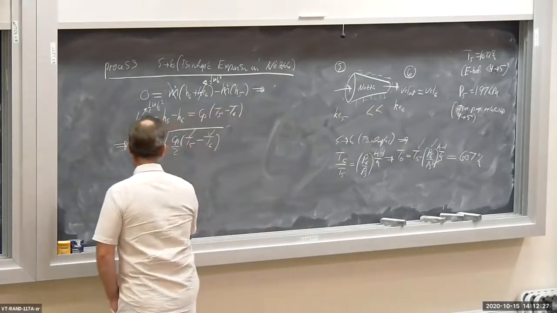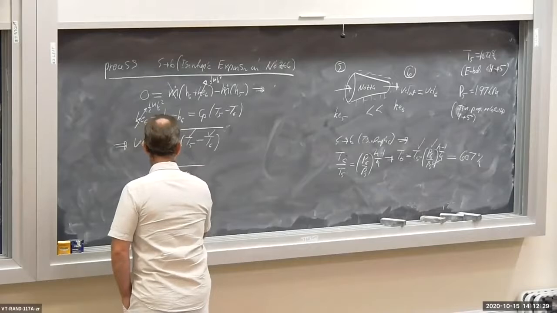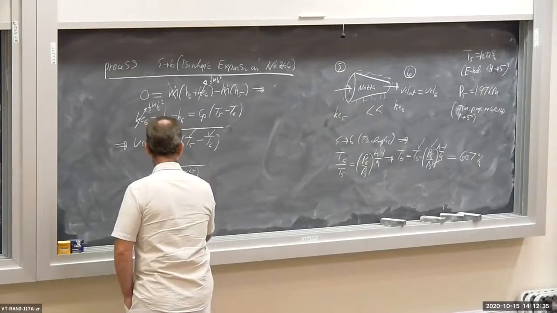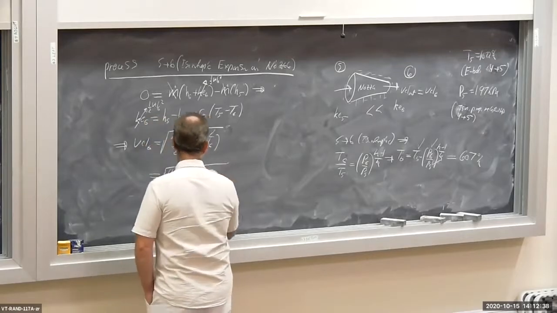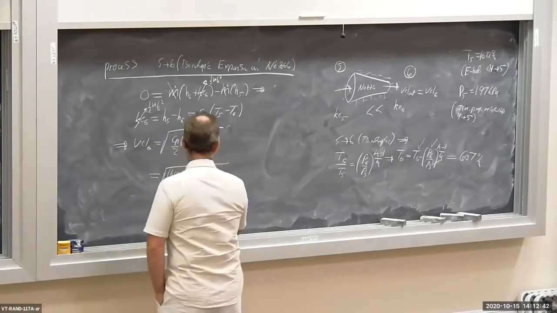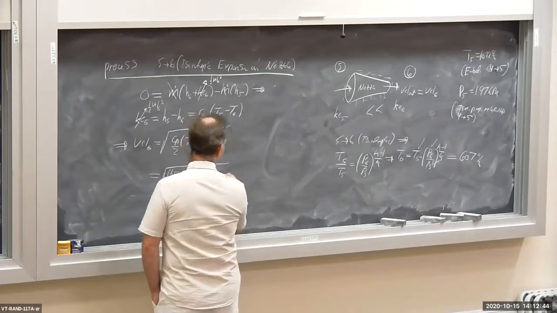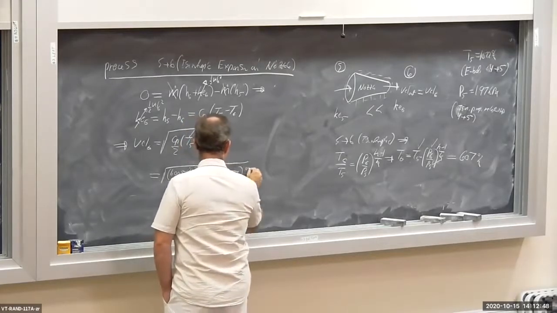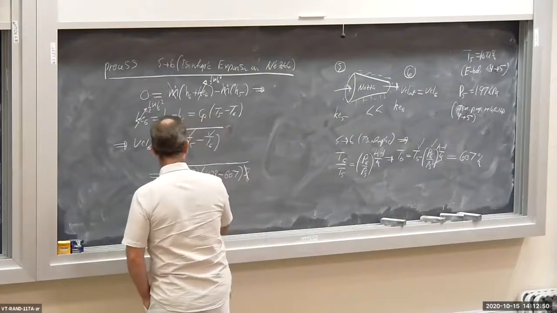So square root of 1.005 kilojoules per kilogram Kelvin, divided by 2, and then I have T5, which is 1028 minus 607 degrees Kelvin. The Kelvins cancel out.